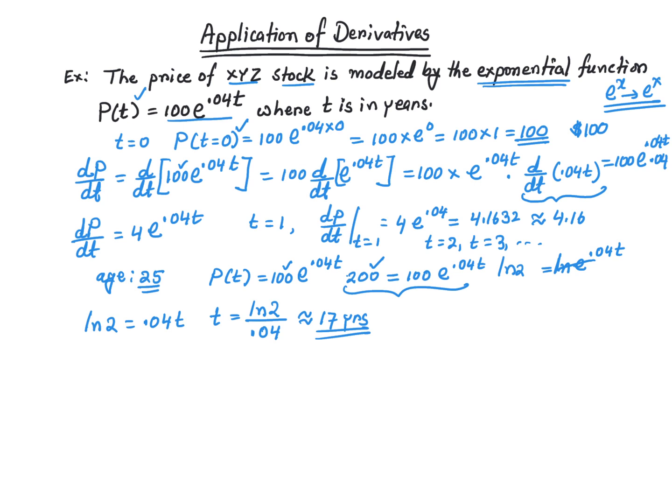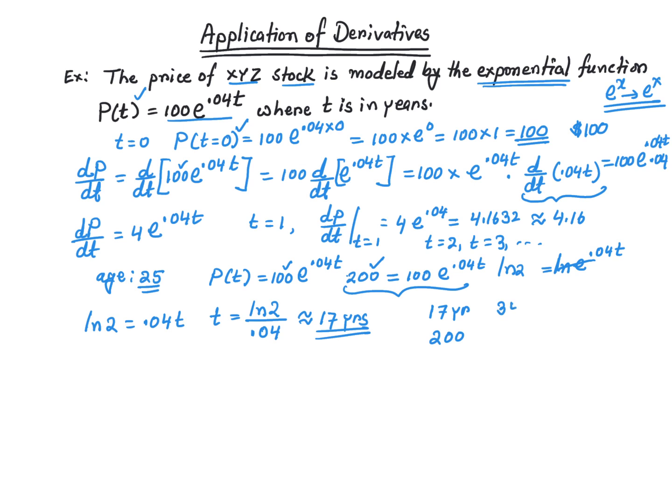So if you invested $100 in this stock, after 17 years, it's going to become $200. Now let me remind you, after 34 years, it's not going to be $300. It's going to be double of the $200. So after 17 years, it's going to be $200.